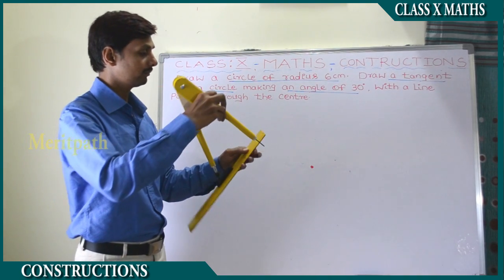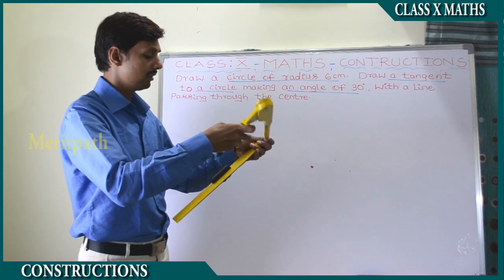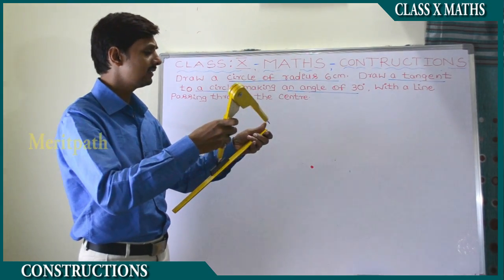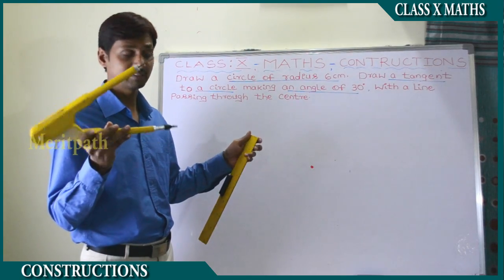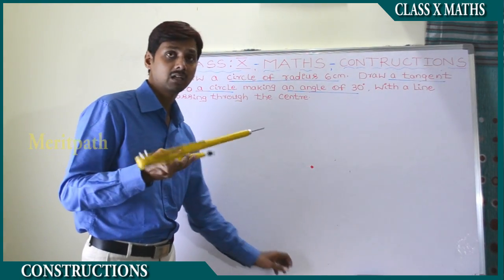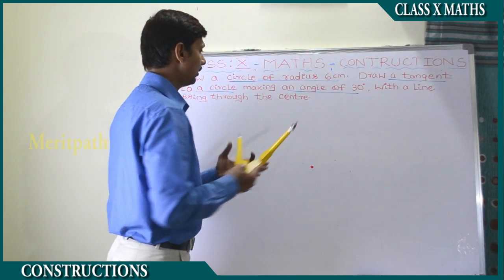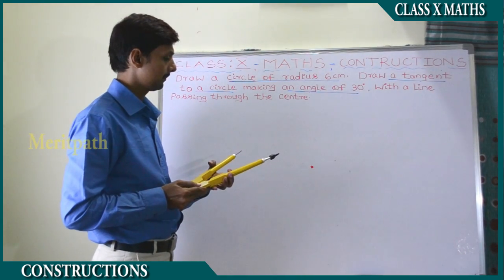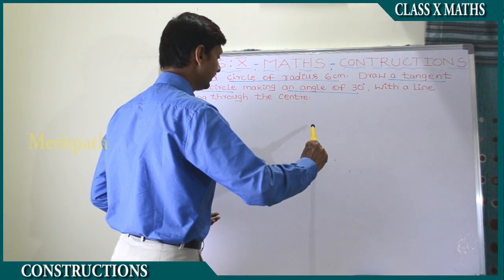Let's take the radius. Let's think this is a 6 centimeters radius on the compass. Let us assume this is 6 centimeters, and using a 6 centimeters radius, I draw a circle.